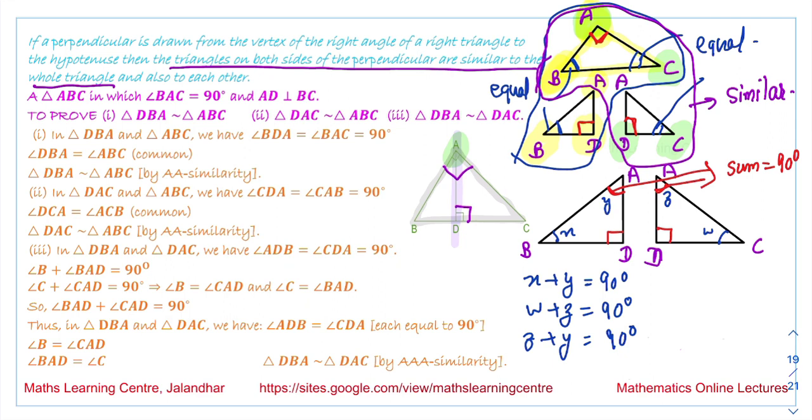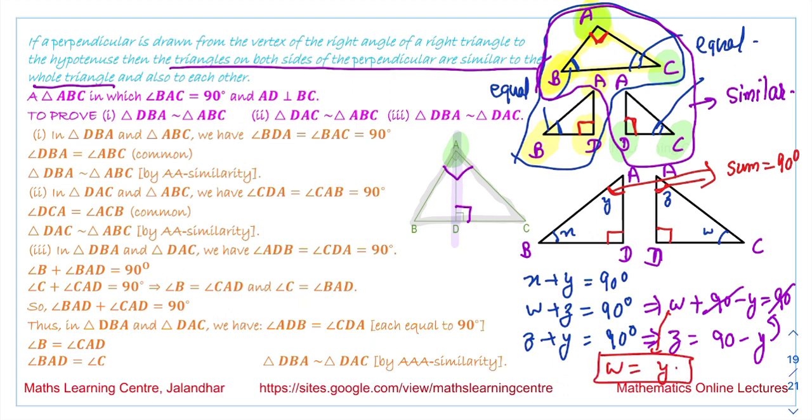From this equation, if we calculate the value of Z, it is 90 minus Y. We substitute this value of Z in this equation and we get W plus 90 minus Y is equal to 90 degrees. These two get cancelled and we are left with W equal to Y. So the angle at C is equal to the angle at A.